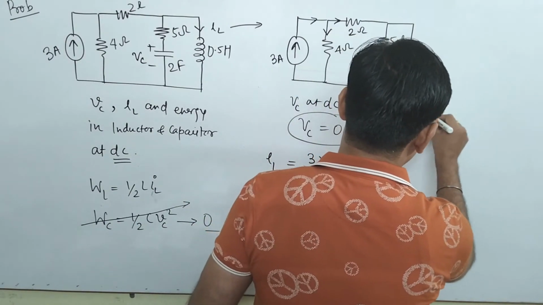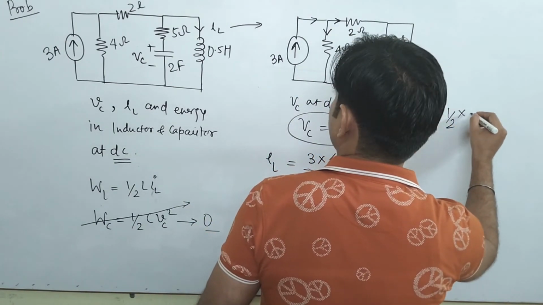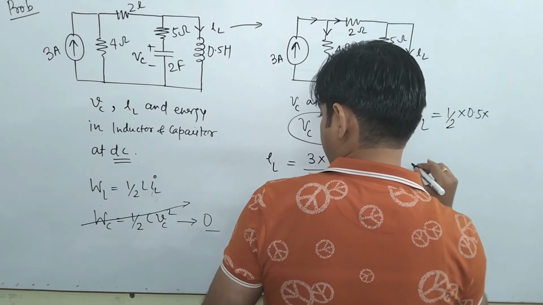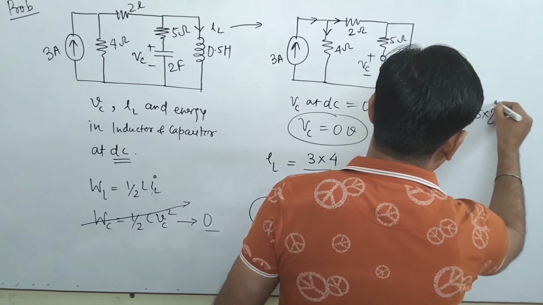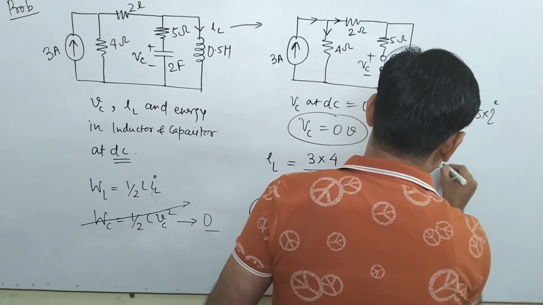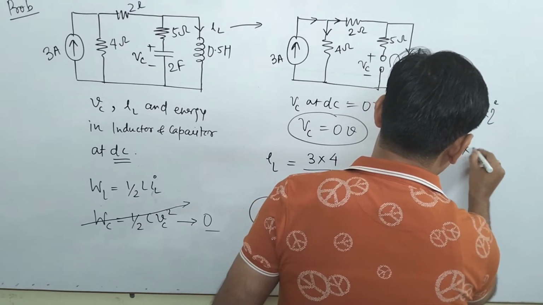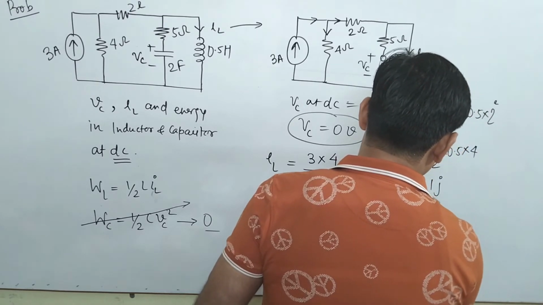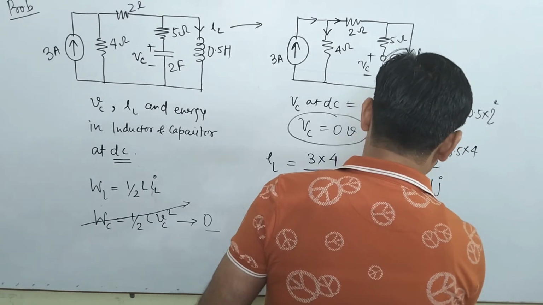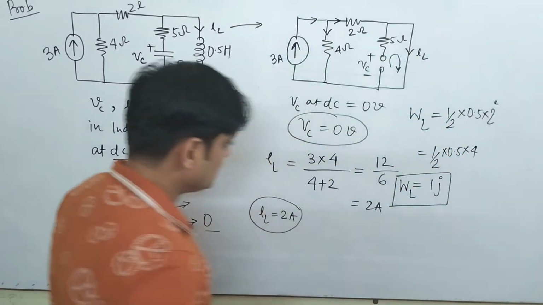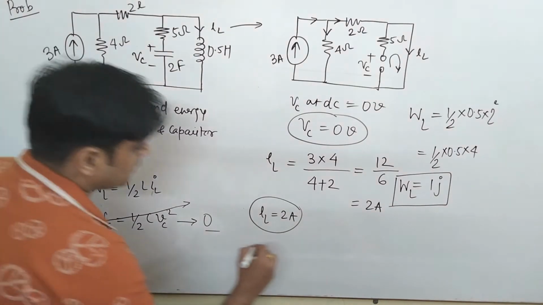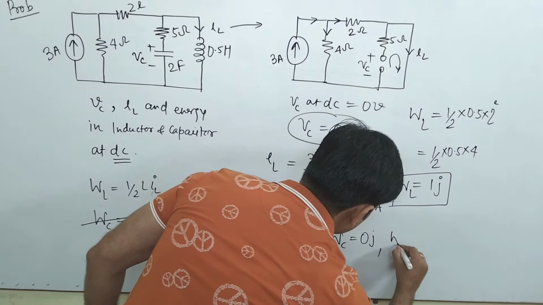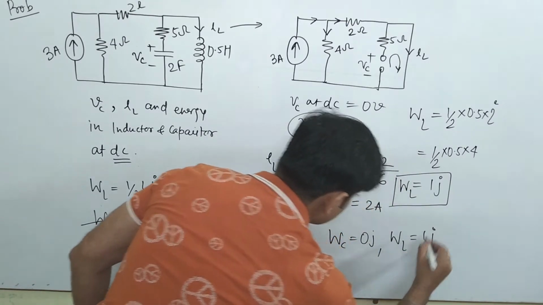The value of WL comes to be 1 upon 2 into the value of L, which is 0.5, into I square, that is 2 square. So that comes to be 1 upon 2 into 0.5 into 4, which is 1 joule. So your WC is 0 joule and your WL is 1 joule.